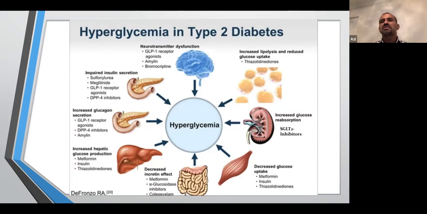And the last, but not the least, increased glucagon secretion: GLP-1 receptor agonists prevent that to basically cut that function down. So all these defects lead to hyperglycemia, and these interventions bring down the high glucose level. Next slide, please.